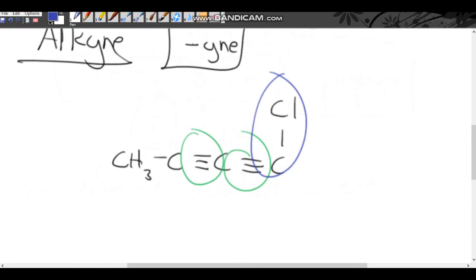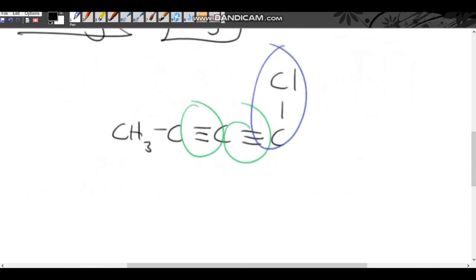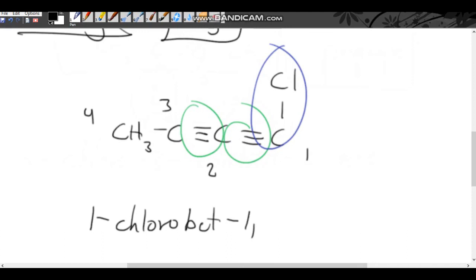So in terms of naming this, we have 1, 2, 3, 4. In that case, it's going to be 1-chloro, but, and we're going to have 1, 2 diyne.